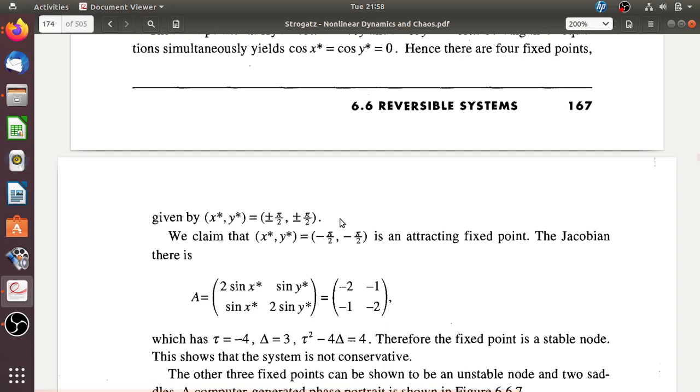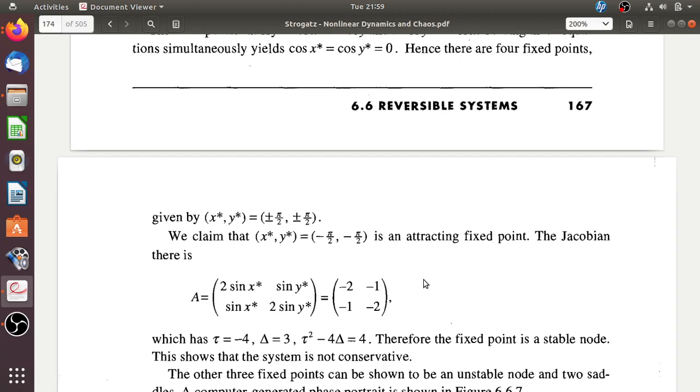Among these 4 fixed points, if we use the linearization technique and solve, we can identify that one fixed point is stable, another fixed point is unstable, and 2 fixed points are saddle points. Okay, so since we have a stable node, we can say that it is not a conservative system.